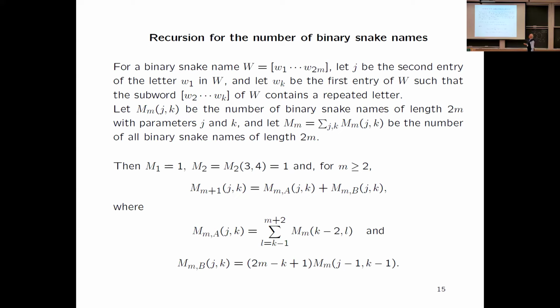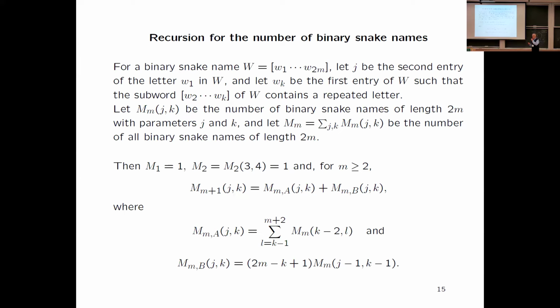And there are two ways to add this extra node. Of course, to add an extra node, you need to do it twice, because every letter appears twice in a binary snake. And there are two different ways.